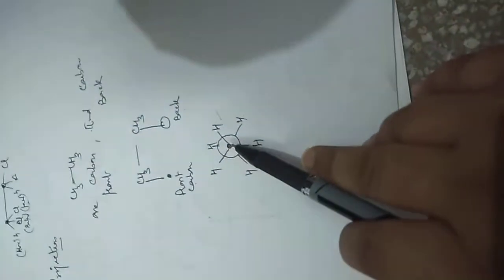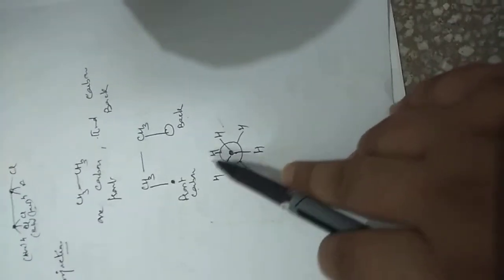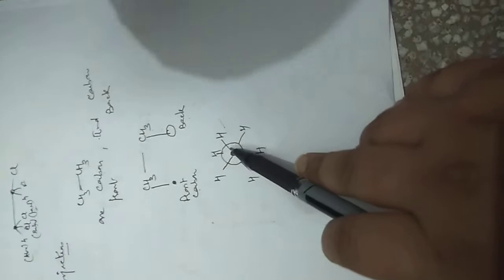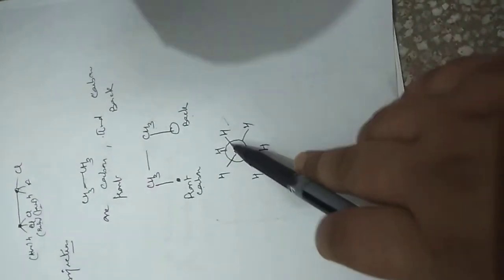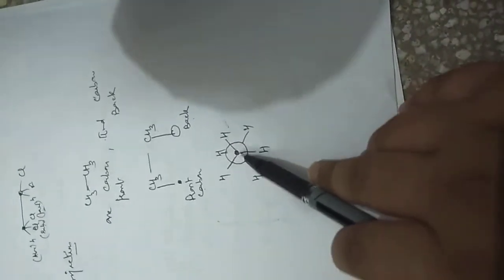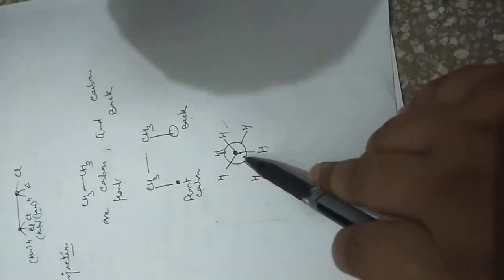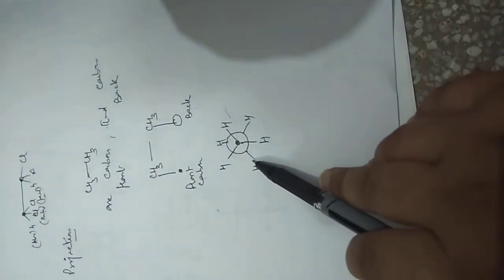The front carbon has three hydrogens attached, first, second and third. The circle denotes the back carbon, which also has first, second and third hydrogens.